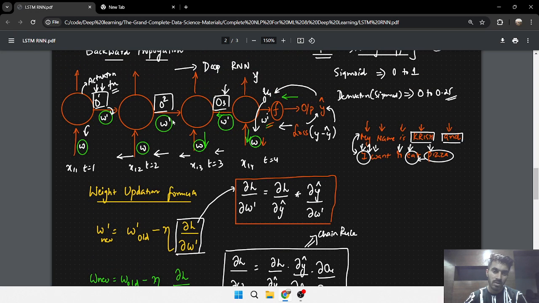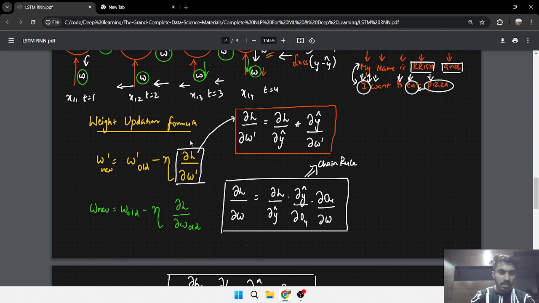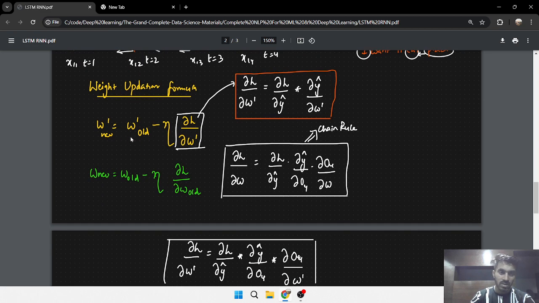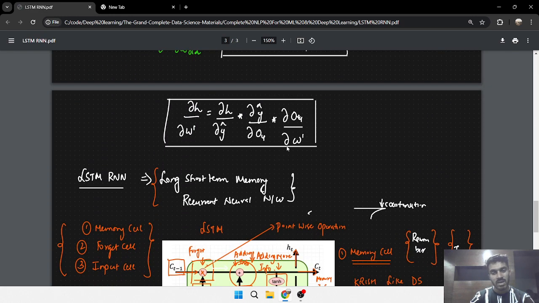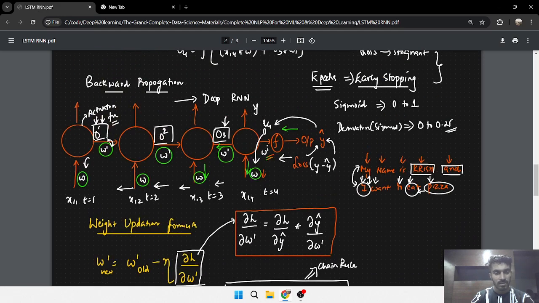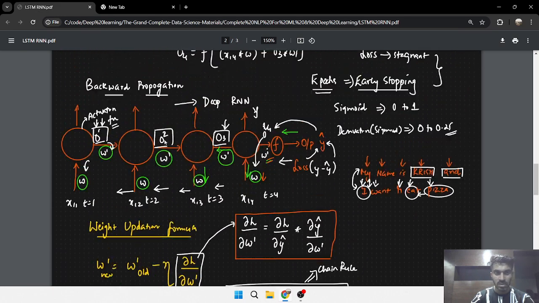Also the weight matrix has some momentum, so that you get a good answer at the right time. In the weight update formula we already know that W new equals W old minus eta times the differentiation of the loss function with respect to W old. Due to the chain rule of differentiation, the vanishing gradient problem will occur in RNN. So that's it for the RNN.